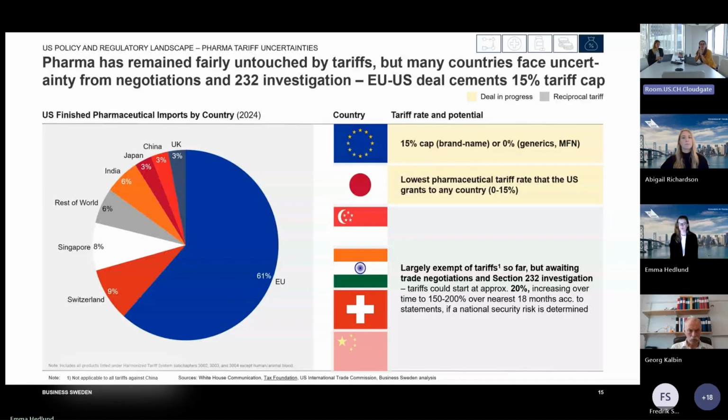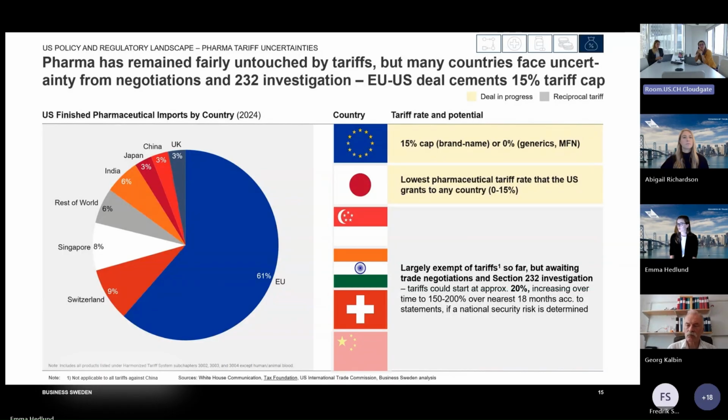However, there has been some uncertainty over the last months, and there are still some negotiations going on, and also some of these 232 investigations. What that means right now, I think you're probably watching this closely, but as we know now, the European Union has a 15% tariff rate negotiated for brand name drugs.